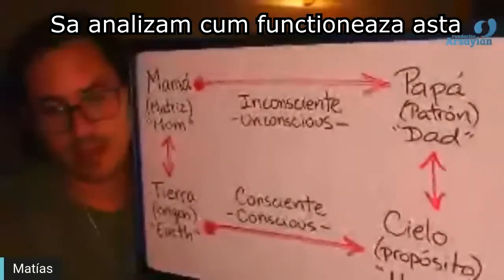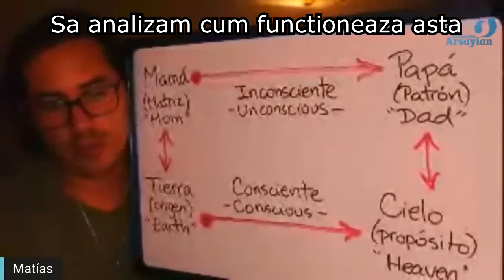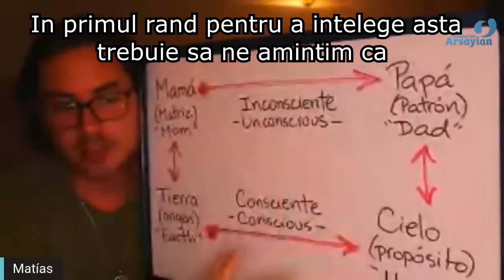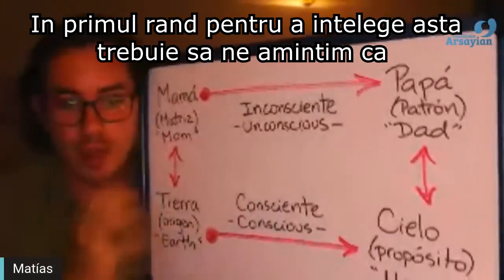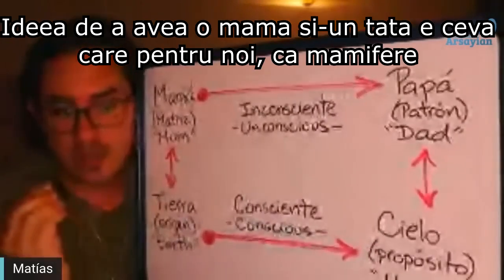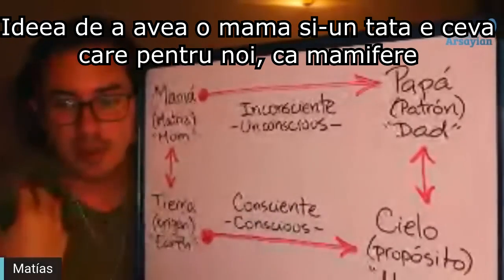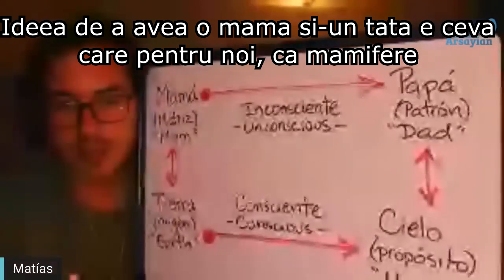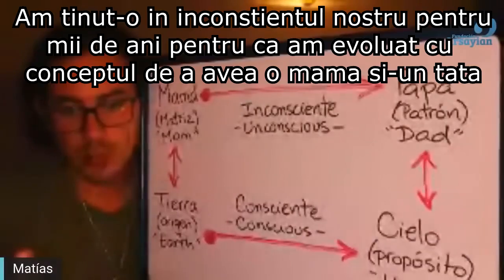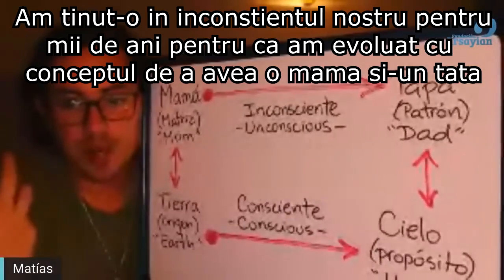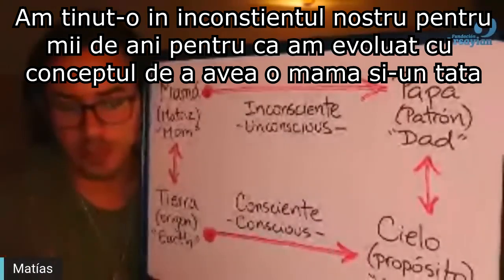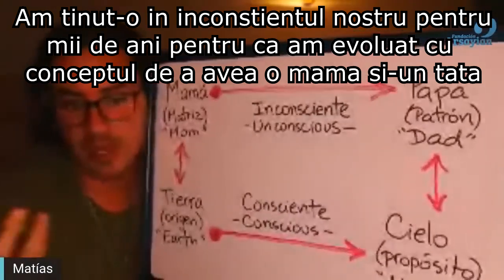So let's analyze how this works. First of all, to understand this, we have to remember that the idea of having a mom and a dad is something that, for us as mammals, we have been keeping in our unconscious for thousands of years, because we have been evolving with the concept of having a mom and a dad.